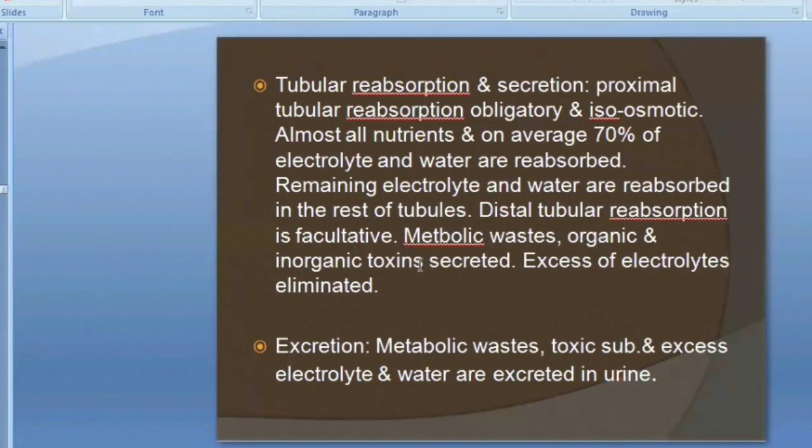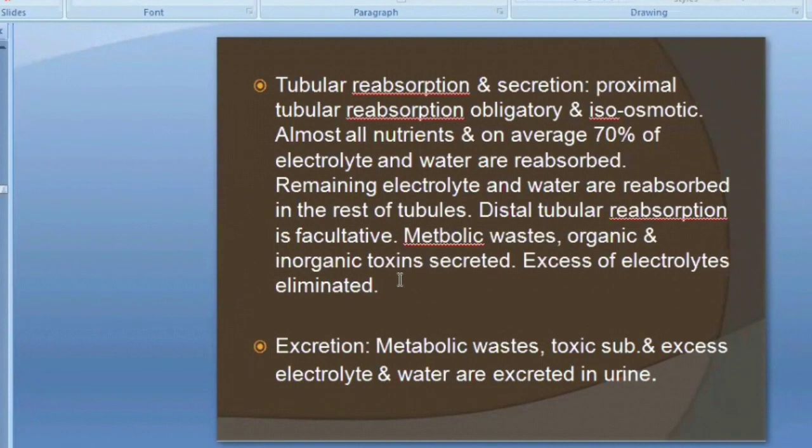How do these toxins come? Suppose the foods that we take are not free from chemicals. These chemicals, which are detrimental to the body, and the chemicals that are produced in the body are eliminated. Suppose in water there could be mercury. These are eliminated.